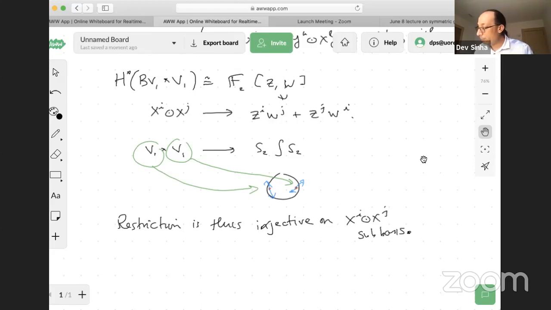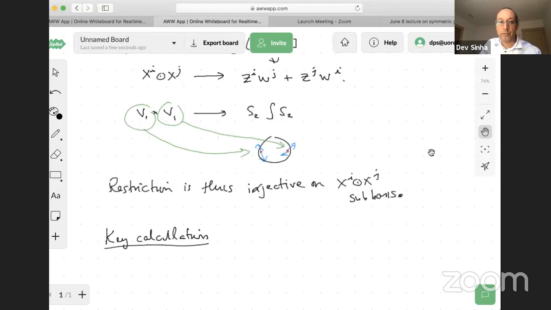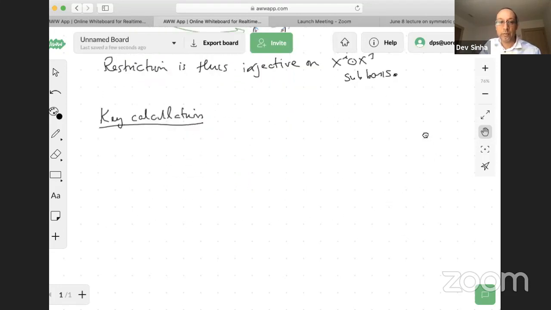And so we focus now, and here's the key calculation. And there's a lot that you can deduce from this one little calculation. You can get some of Steenrod's results relating these to Steenrod operations.